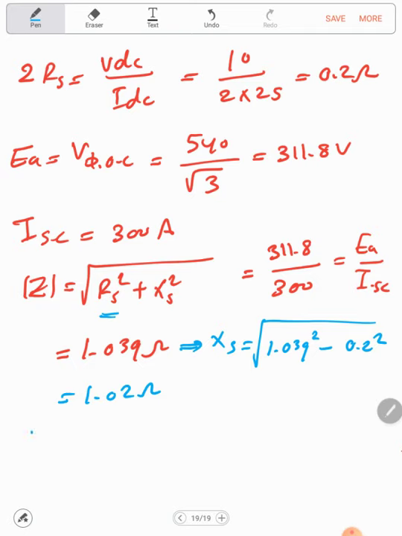Note that if RS is negligible, actually it's very small, then XS will equal to the Z, which equal 1.039. So let's assume that for simplicity that RS go to 0.